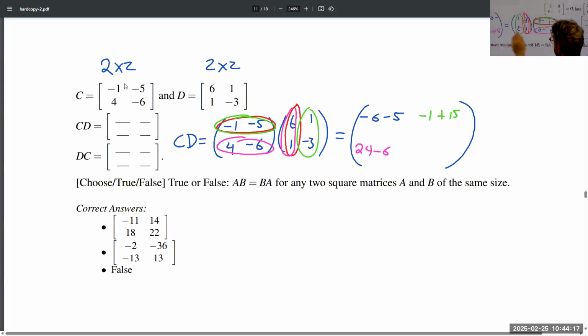And then last, we want second row, second column. So that's 4 times 1, and that's -6 times -3, which would be positive 18. Okay.